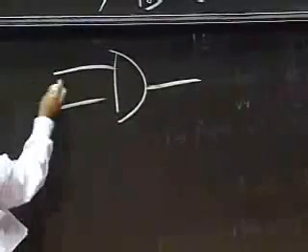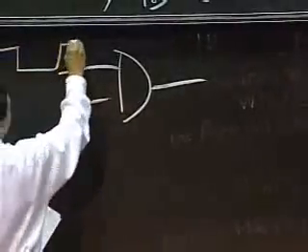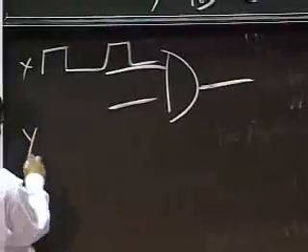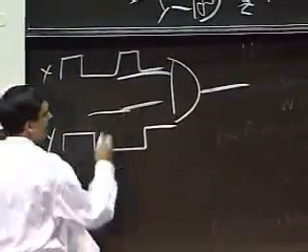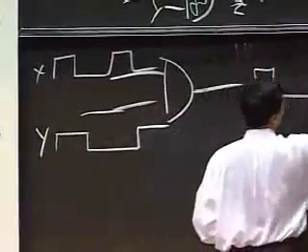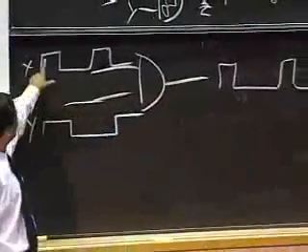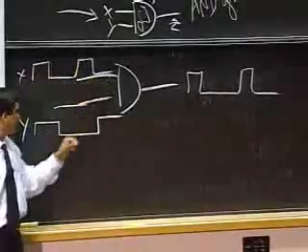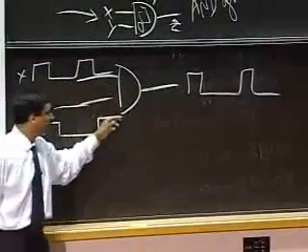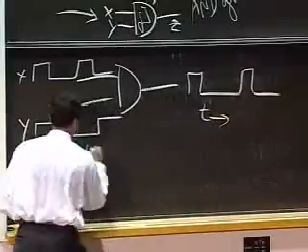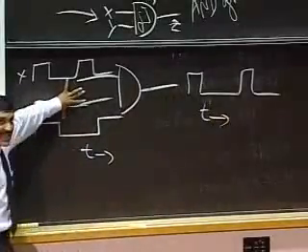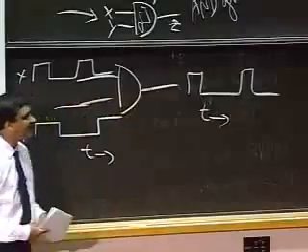One signal is going to look like this, and my signal Y is going to look like this. So you expect a processed output. The output is simply going to be, with my time axis going this way, an ANDing of these two signal values like so.